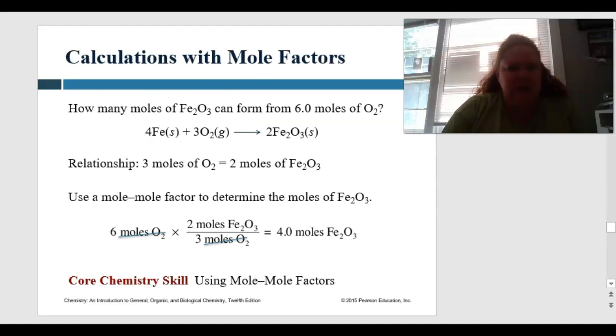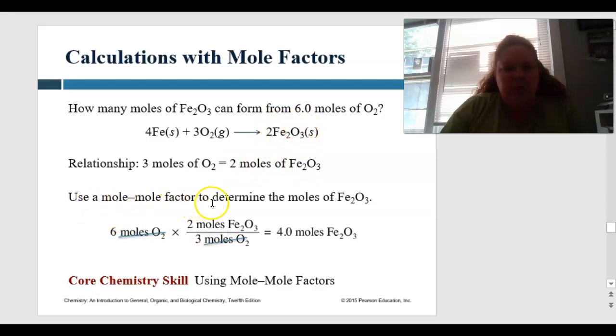Well, let's practice. How many moles of Fe2O3 can form from 6 moles of oxygen? Let's set it up. We have 4 Fe in the solid form, 3 O2 in the gas form, and that converts into 2 Fe2O3 in the solid form. So we have the relationship of 3 moles of oxygen equating to 2 moles of Fe2O3.